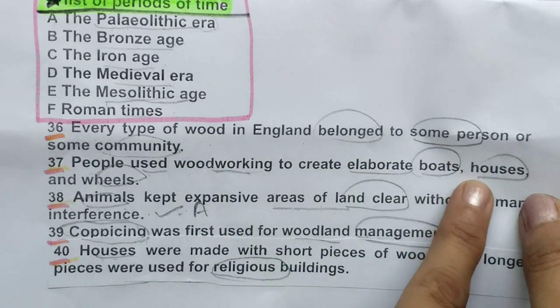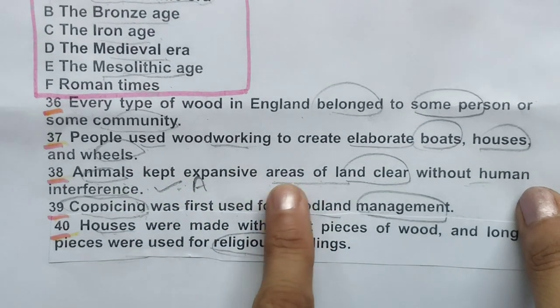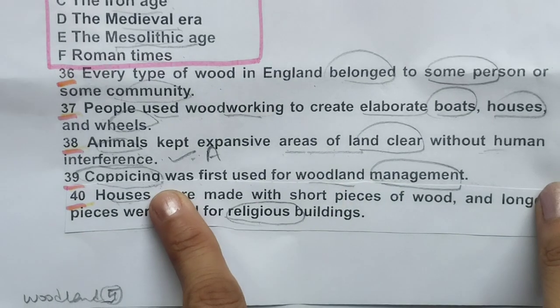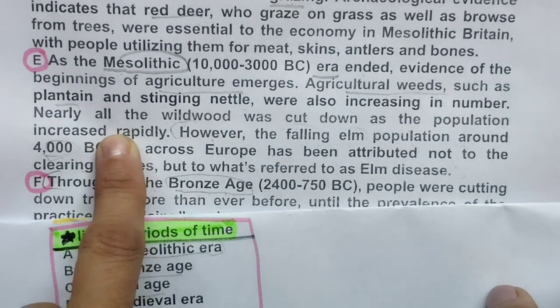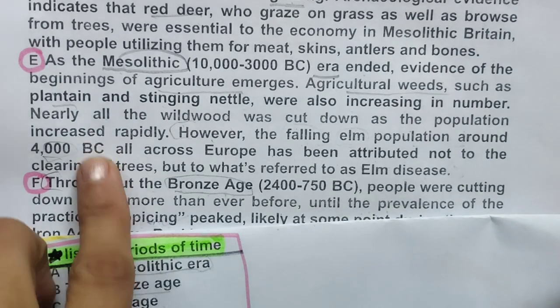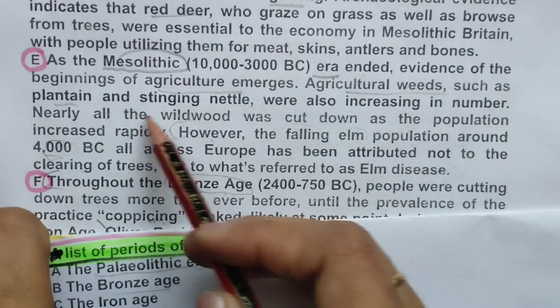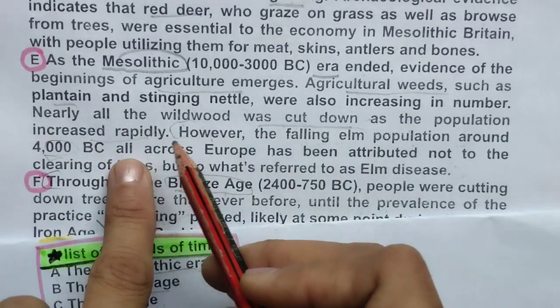No, they are not talking about wood, boats and wheels. Animal, this we have done. Was first used for, no, is this word there or not? So this word is not there. Mesolithic. Agriculture weeds such as plantain also increasing. Nearly all wood was cut down as the population increased.